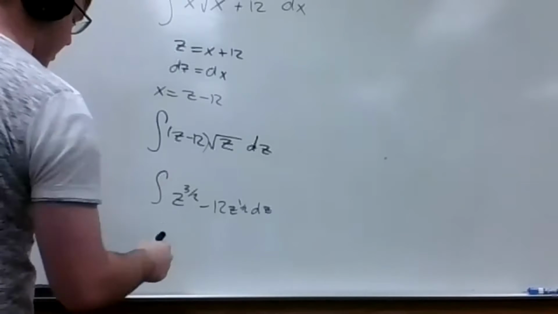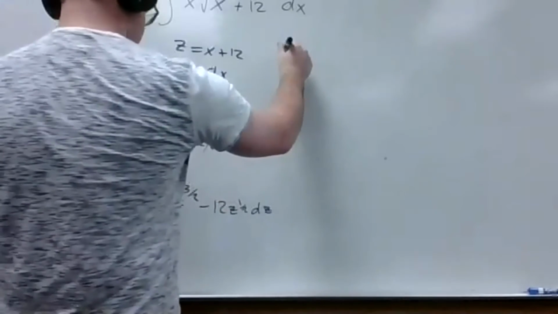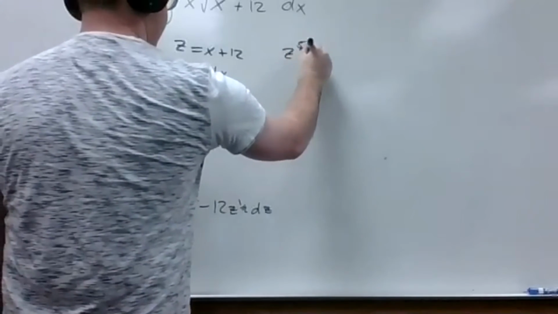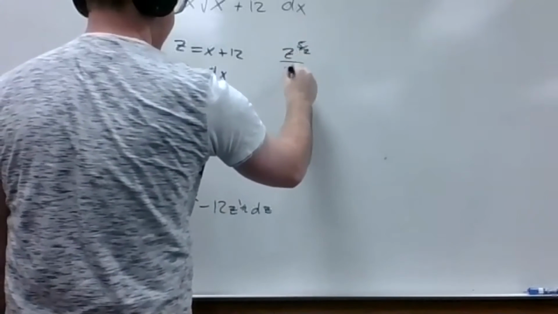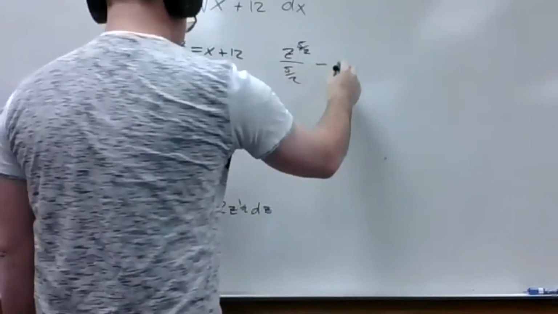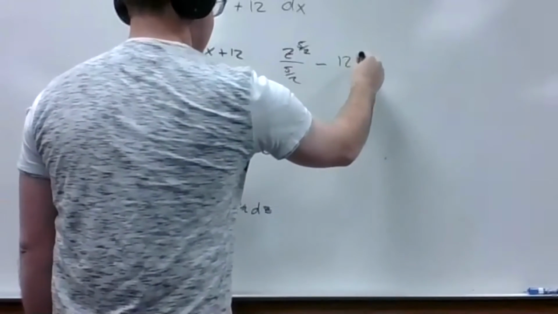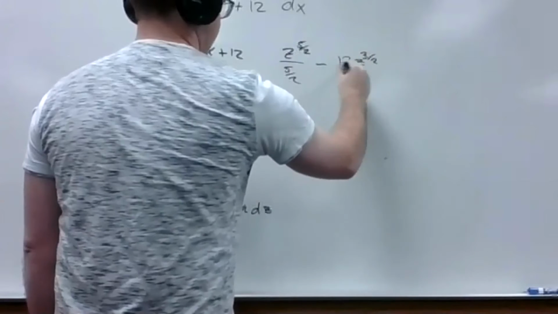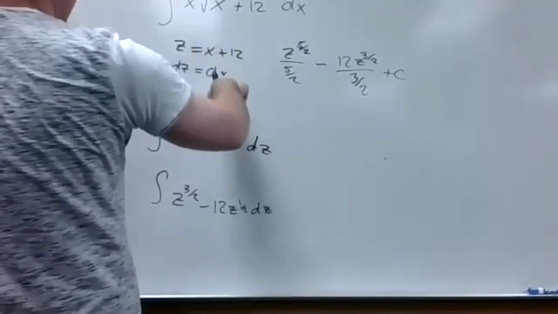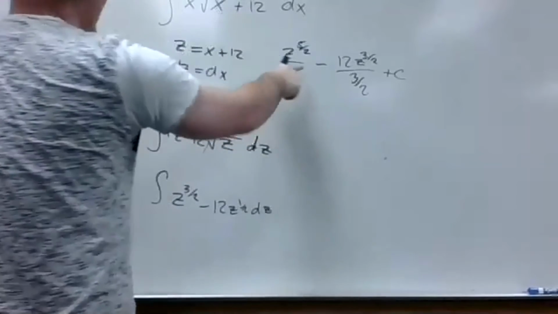Right. And so to finish off our integral problem, this would just go to z to the 5/2 over 5/2 minus 12z to the 3/2 over 3/2 plus c. And we've got to make sure we plug back in. Since we started with x's, we want to end with x's.